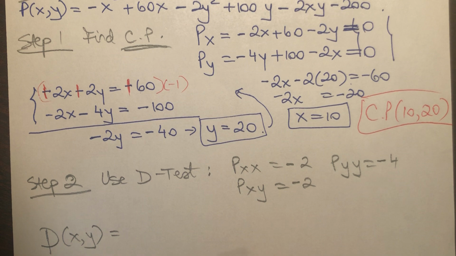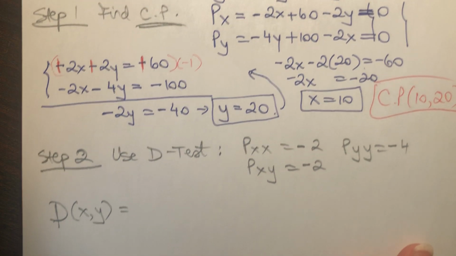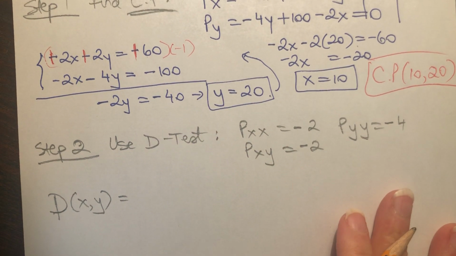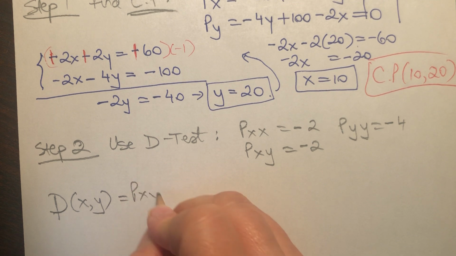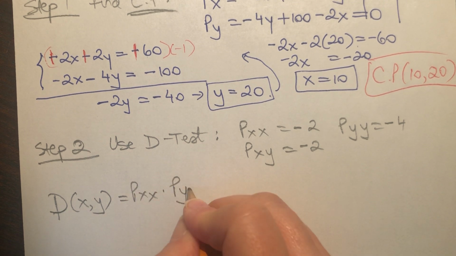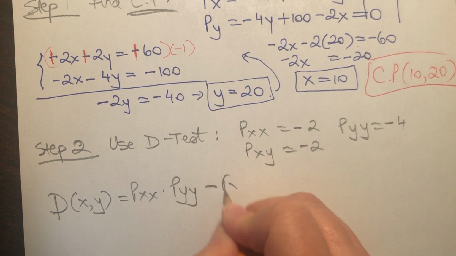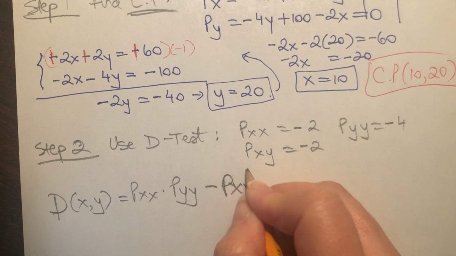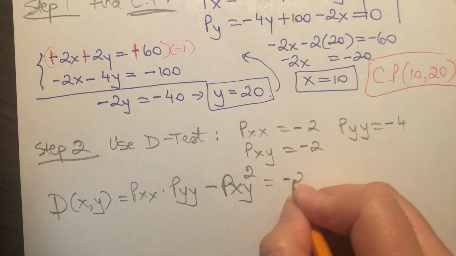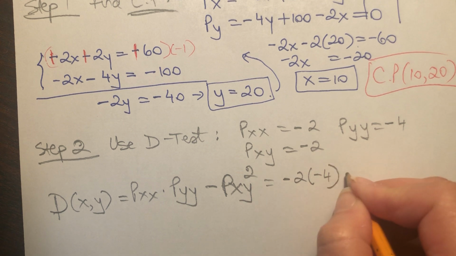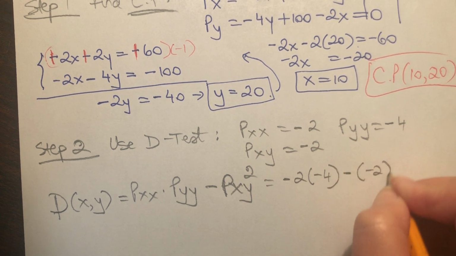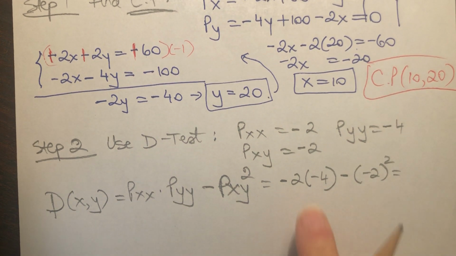So the d-test is, you're going to take these functions and multiply them, right? Pxx times pyy minus pxy squared. So that's a -2 times a -4 minus -2 squared. So that's an 8.